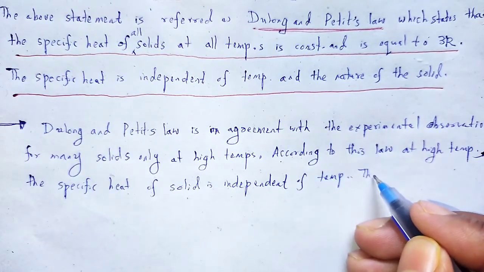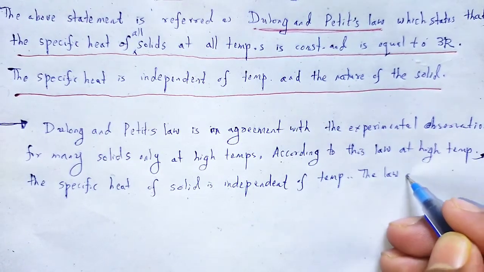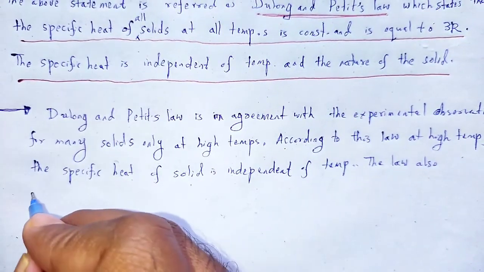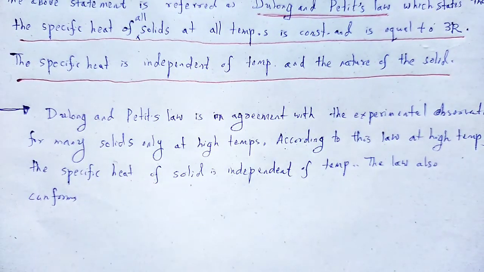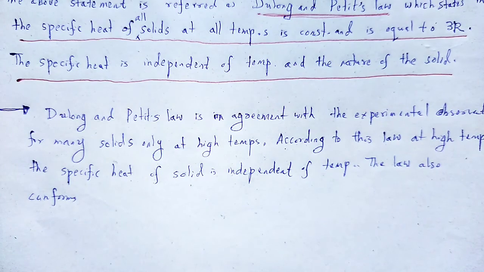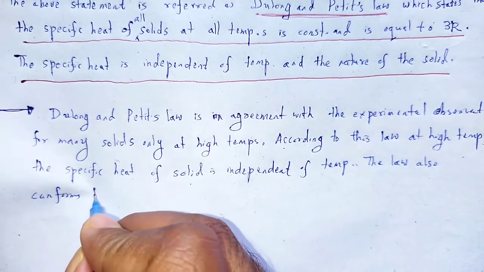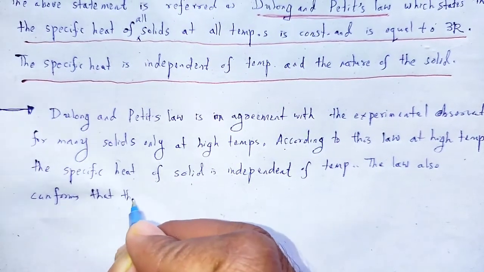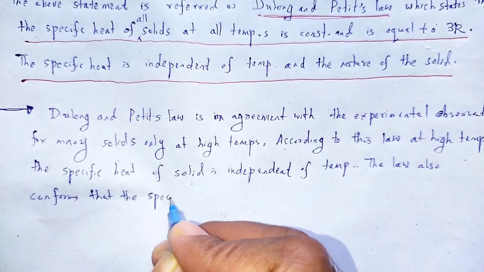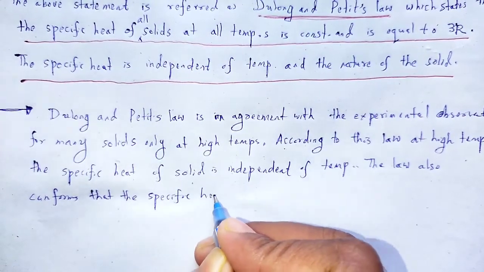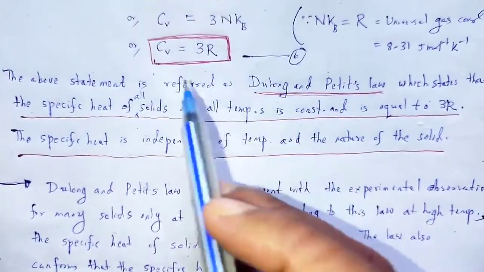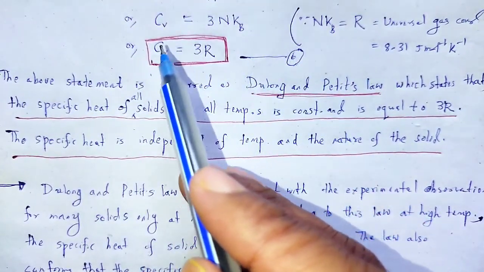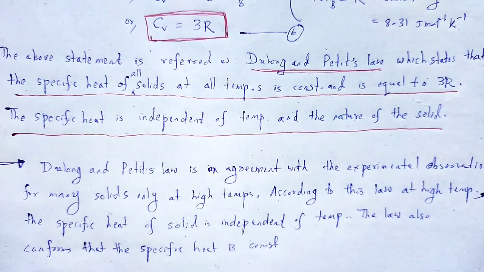And that law also confirms that the specific heat is constant. Specific heat is constant, meaning Cv is equal to 3R, that does not depend upon temperature.